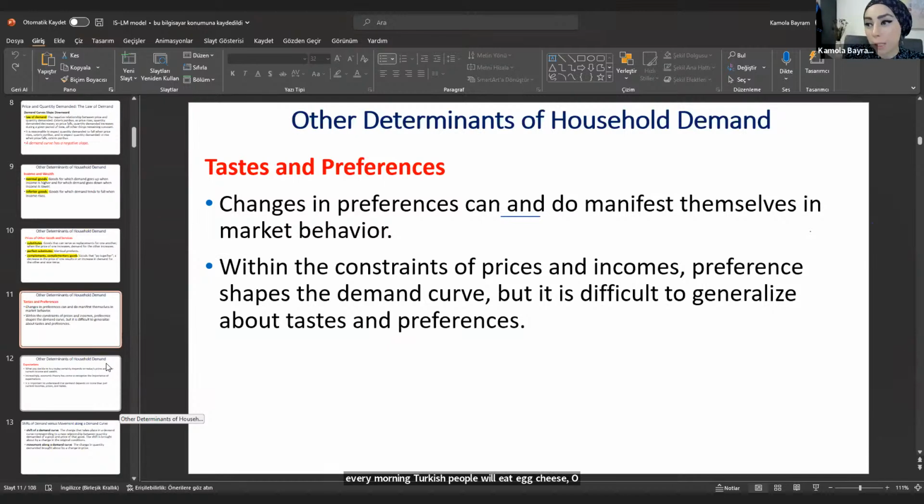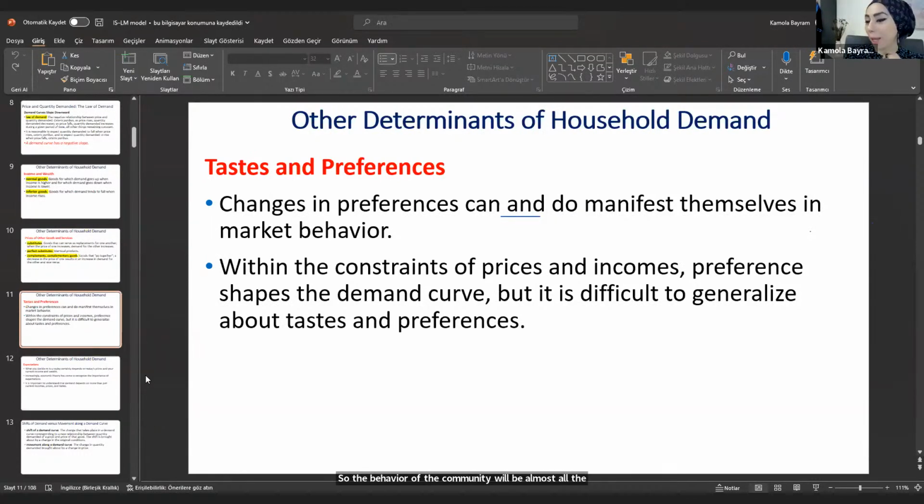And 90% of Indonesian people will eat nasi lemak. It's also the same, right? Nasi lemak in Indonesia as in Malaysia. That was the food which we consume in Malaysia for breakfast. See, so the behavior of the community will be almost the same when it comes to consumption.